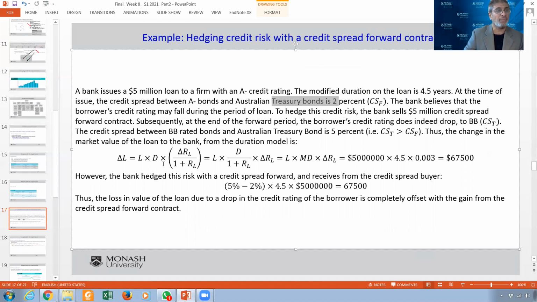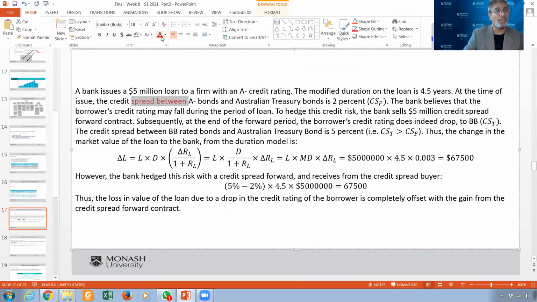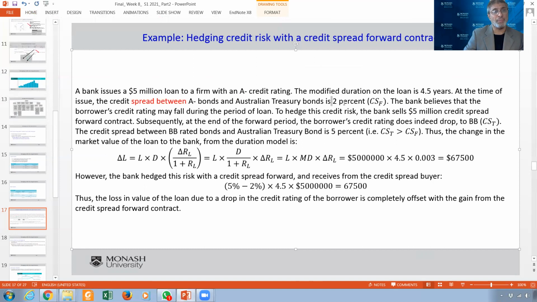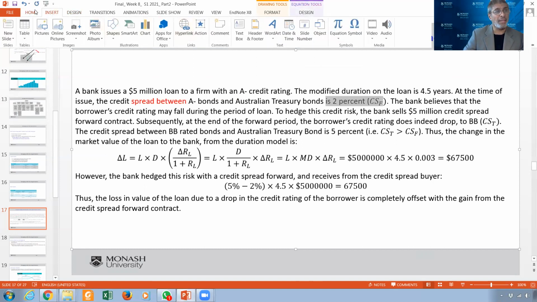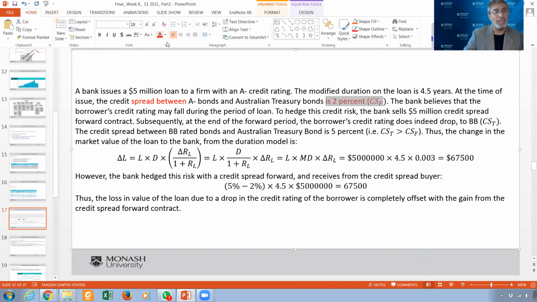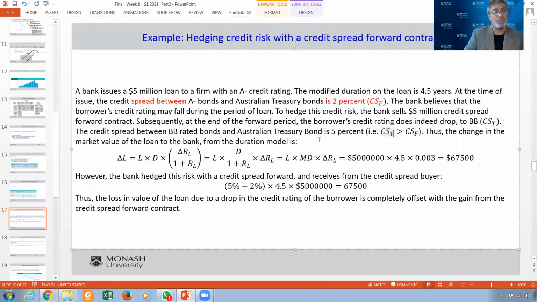This is the duration. The credit swap is between the credit spread. Now the spread when they issued the loan was only 2%. But then later on, the spread actually dropped to 5%.